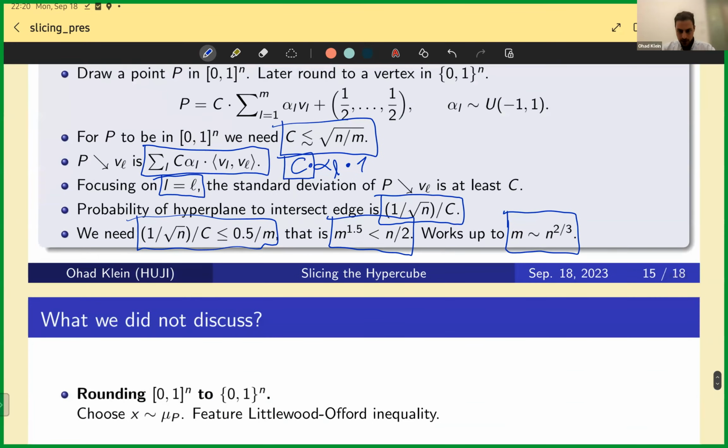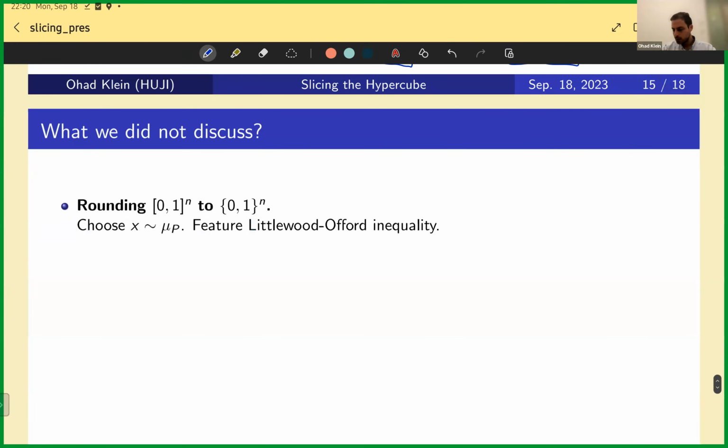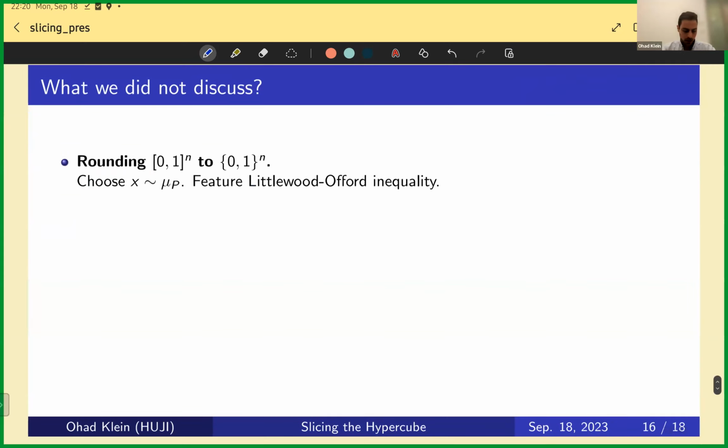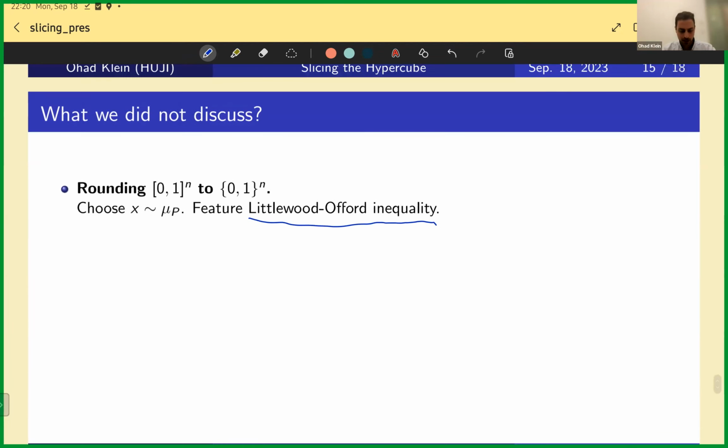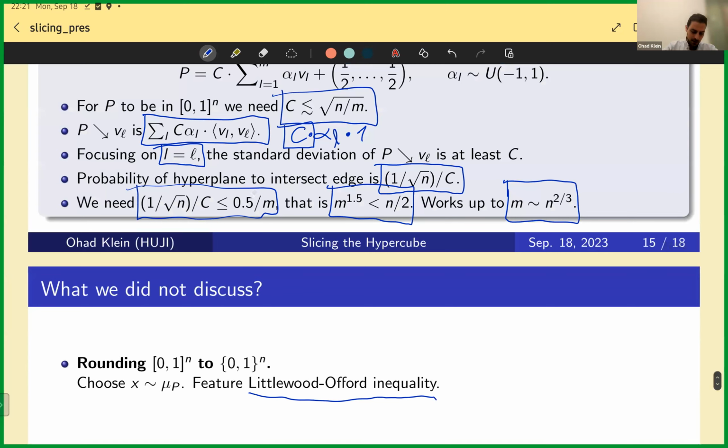And we had several things that we omitted in this sketch of the proof. So we didn't say how we round the solid cube to a vertex. So we do that in some way, and then we use a Littlewood-Offord type inequality to show the same type of inequalities.